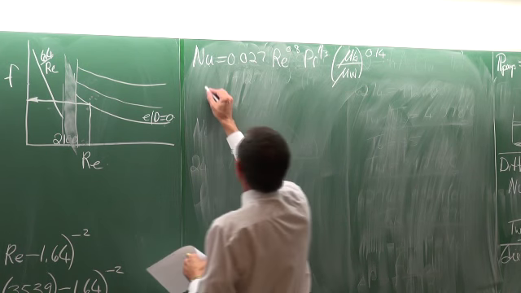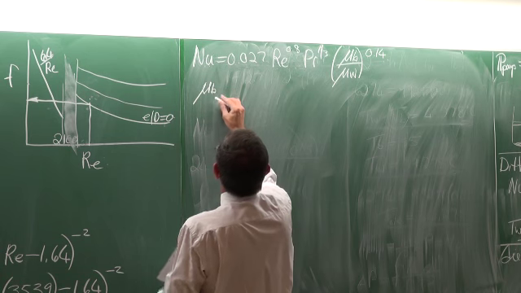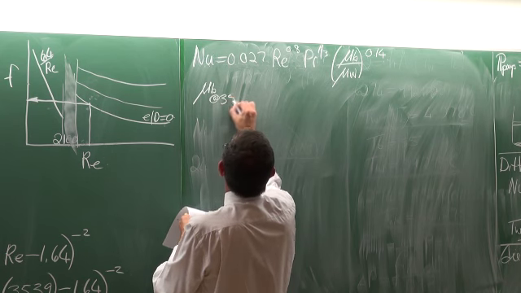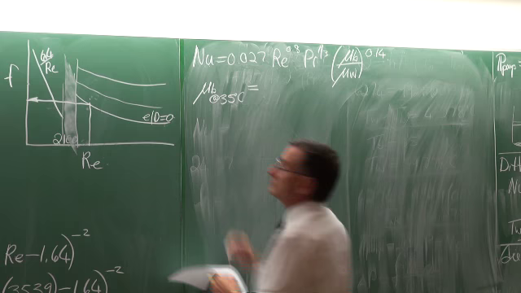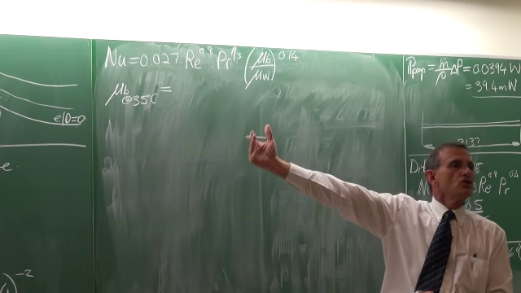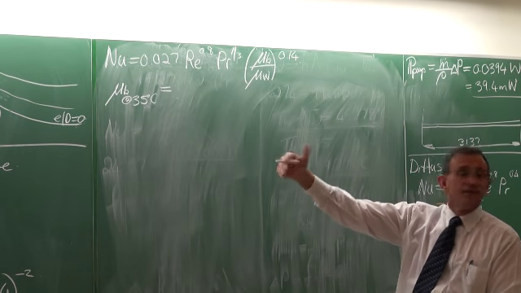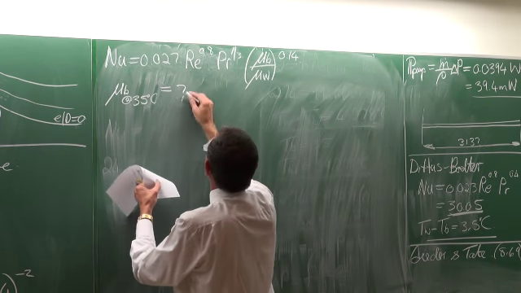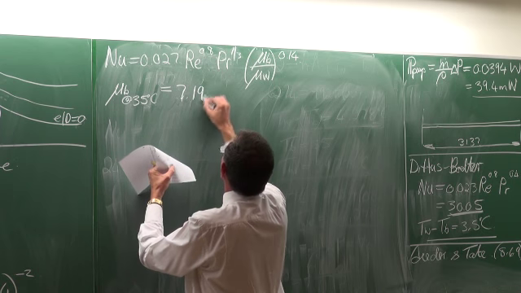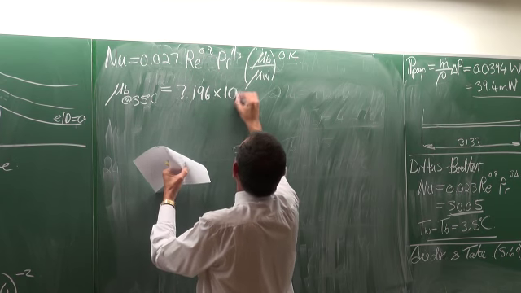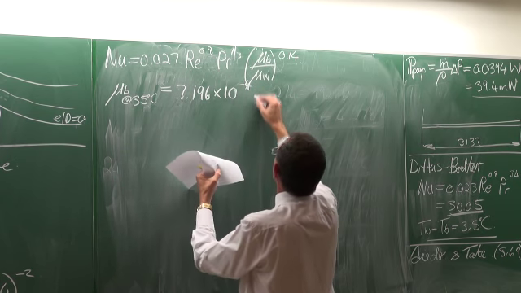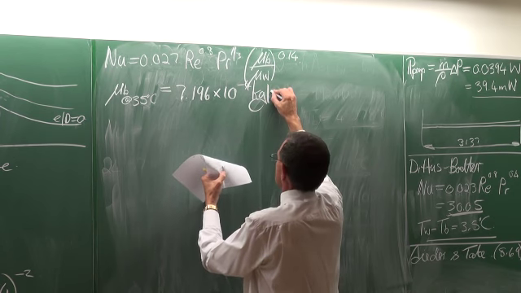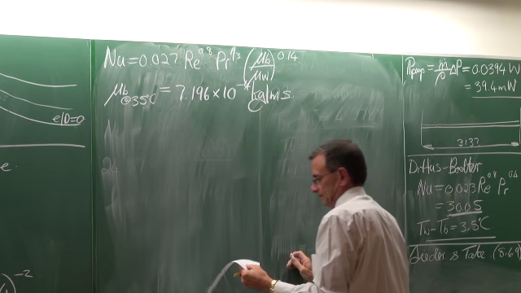Now the bulk viscosity would be at 35 degrees Celsius, because we've chosen the bulk temperature as the average between inlet and outlet. That value is 7.196 multiplied by 10 to the minus 4 kilograms per meter second.